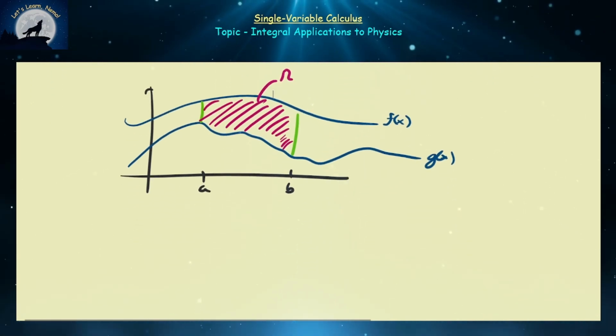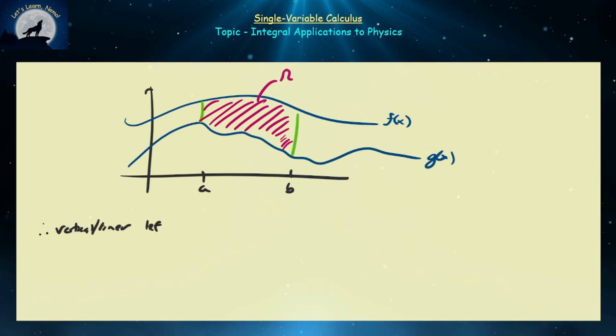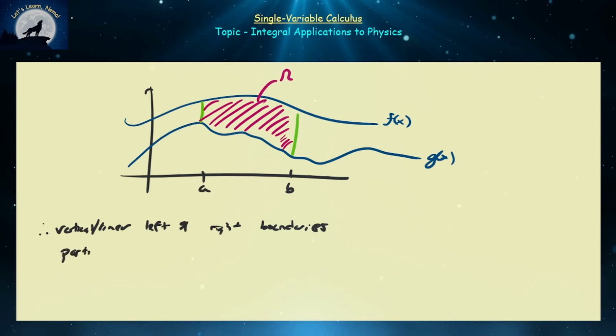So what does this mean in terms of the left and right boundaries? This means that the region has vertical linear left and right boundaries, and partially curved top and bottom boundaries.